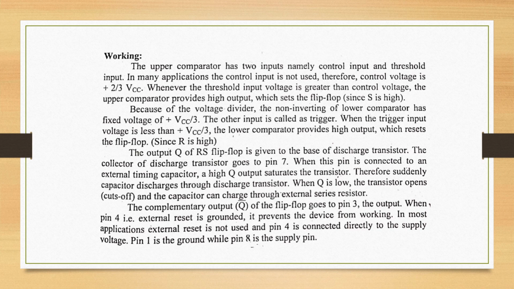If the output Q is high, then the base input of the transistor is high and the transistor will saturate. In that condition, the output Q bar, the other level, is the total output of the IC 555.